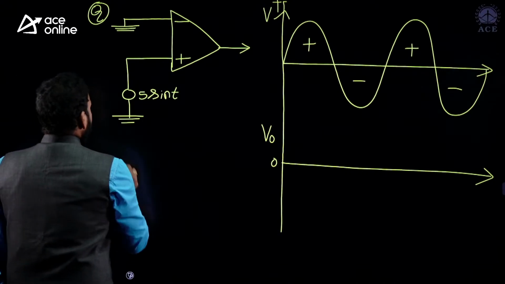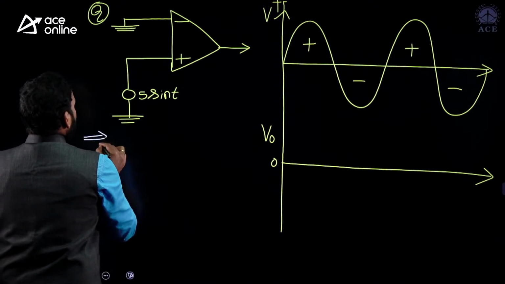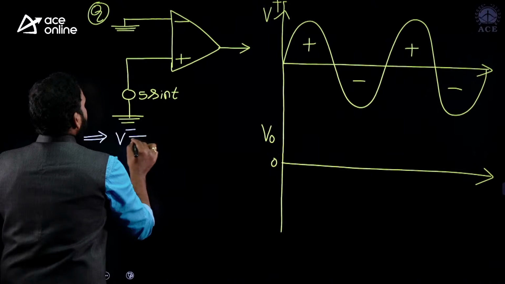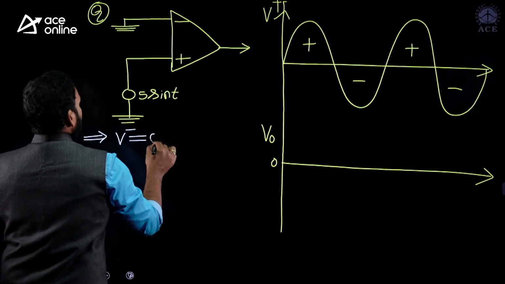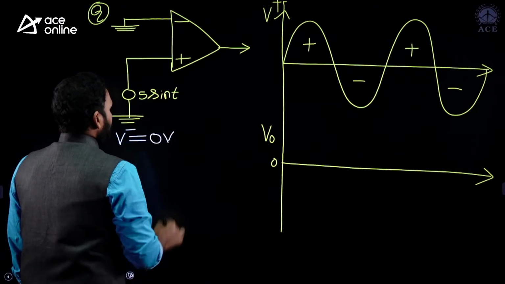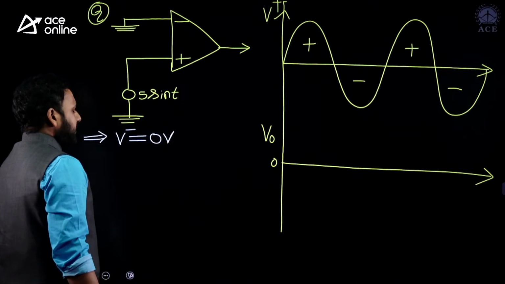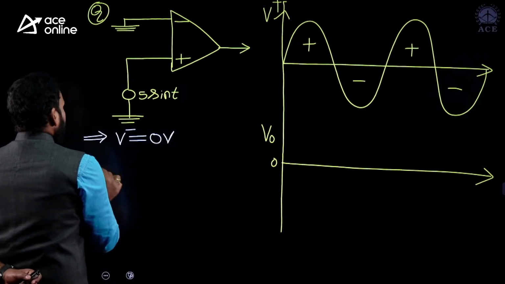What is the inverting terminal voltage? It remains constant at ground level, or 0 volts. So very simple, we can take the decision like this.